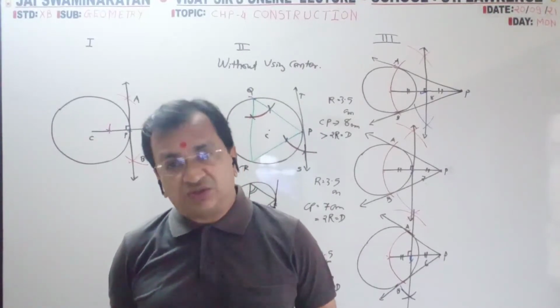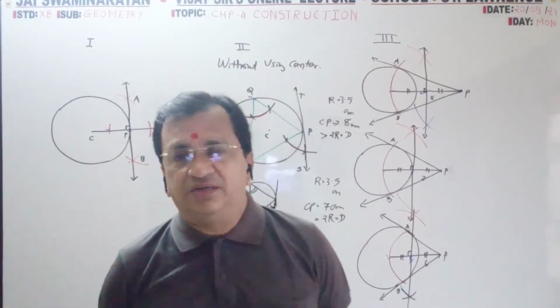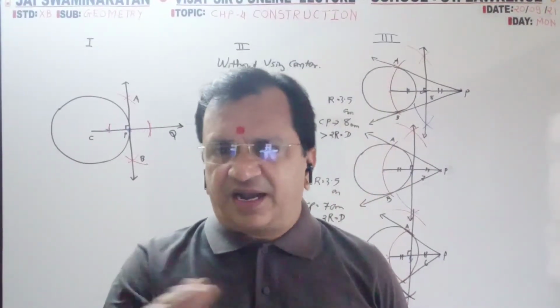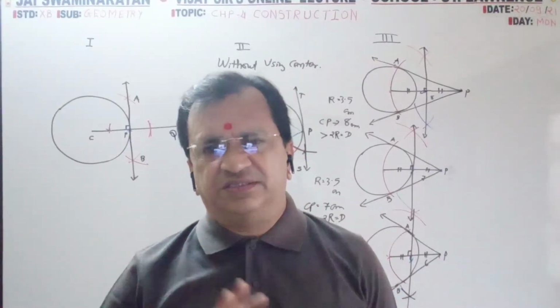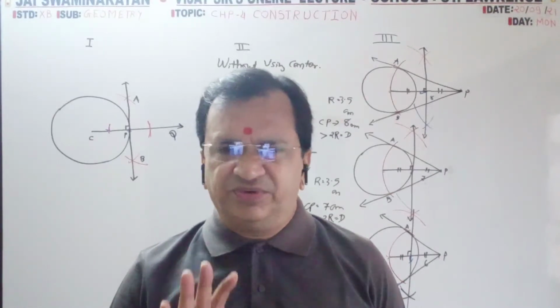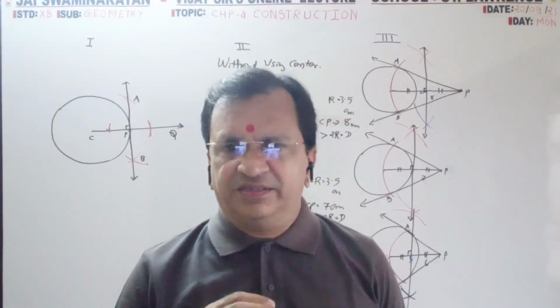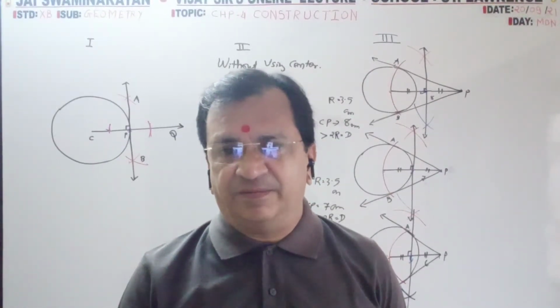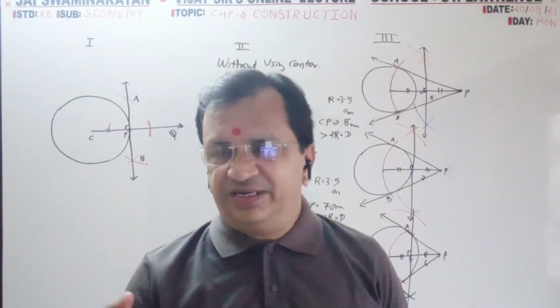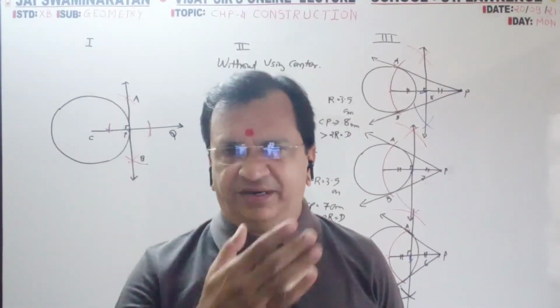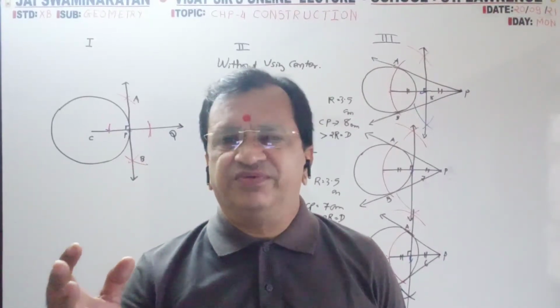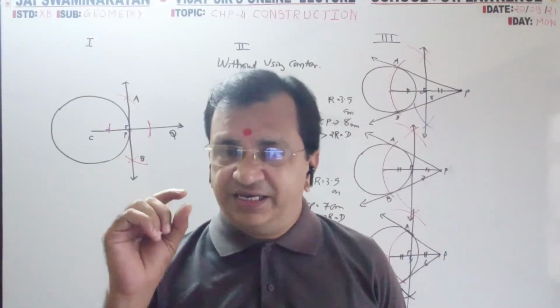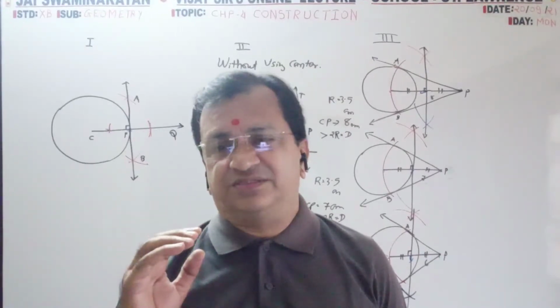And those who are scholars and want full out of full can also, with a little effort, score full out of full. Okay, so it is a very useful, supportive chapter with very little work. But drill work is very important. Whatever I have shown, next to next, just refer to this video again and again and do it stepwise.